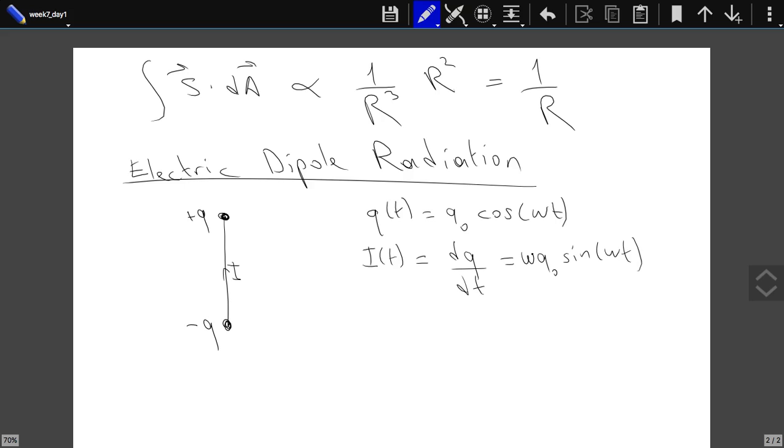Well, if this is the positive direction of the current, is it dq by dt or minus dq by dt? Let's see, if q is increasing, then the current is positive. So if dq by dt is positive, I of t should be positive. So it should be plus, so here I have a minus sign.